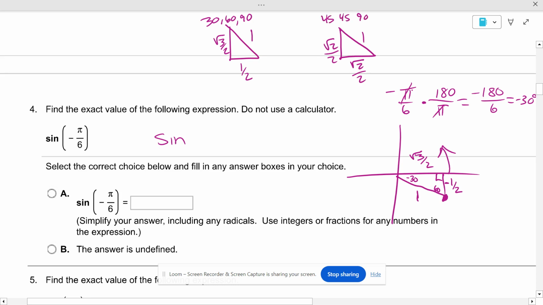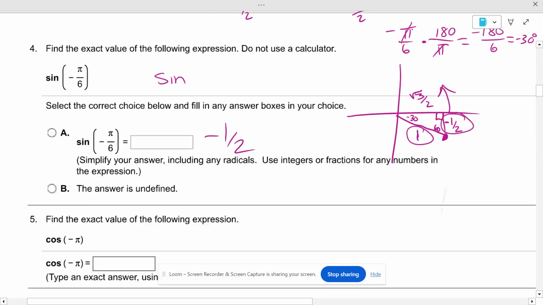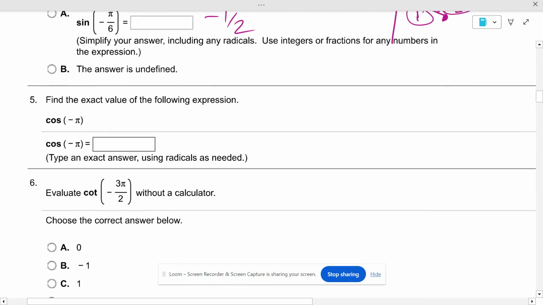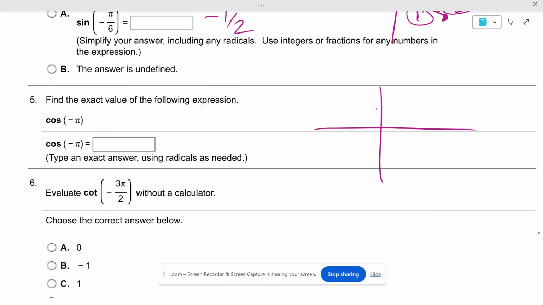So right here, we're asked for the sine of -pi/6. Well, the sine is the opposite side over the hypotenuse. See how making the hypotenuse 1 makes it really easy? -1/2 over 1 is -1/2. The cosine of -pi. Well, if it's 2 pi all the way around the circle, how far around the circle is pi?